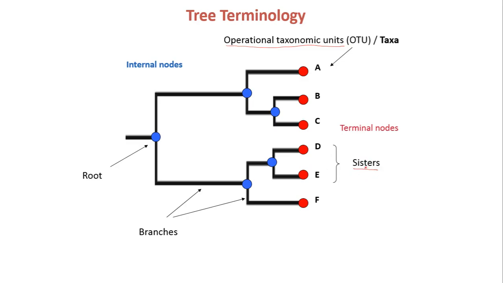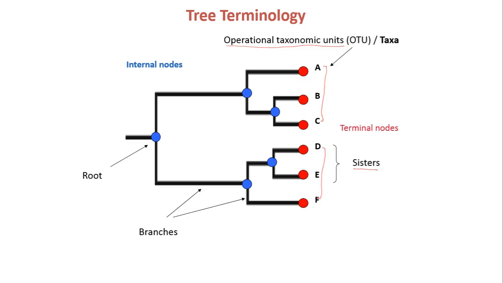Okay, there is one more concept called clade. The group of operational taxonomic units are usually referred to as clades. So this particular phylogenetic tree can be imagined to be formed of two clades.